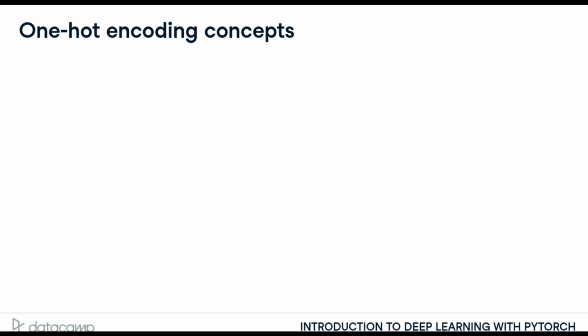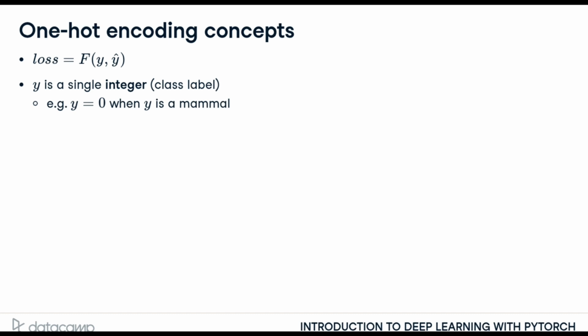Loss is calculated using a loss function, f, which takes the ground truth y and the prediction y hat as inputs and outputs a numerical loss value. In our animal example, possible values for our true class of y are integers 0, 1, or 2. Y hat is the raw prediction before applying the Softmax function.